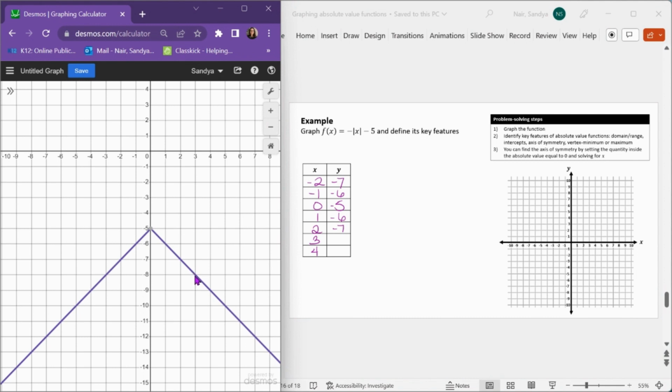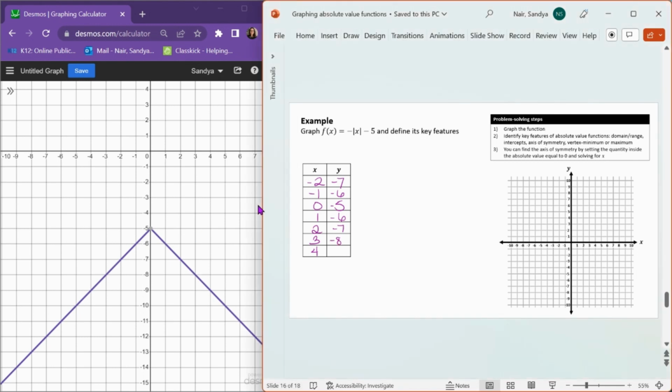And then 3 is -8. And 4 is -9. Okay, so if I recreate my graph over here, I have -2, -7, -1, -6, 0, -5, 1, -6, 2, -7, 3, -8, and 4, -9. Okay, so I'm going to connect my points and I know that this is what my graph looks like because I can see it in Desmos.